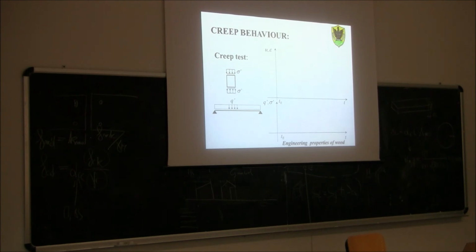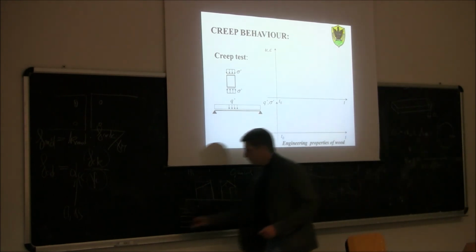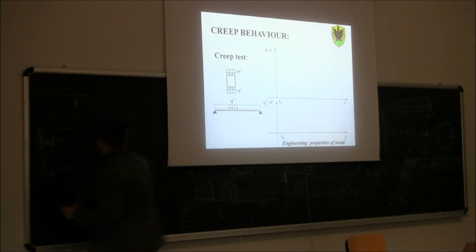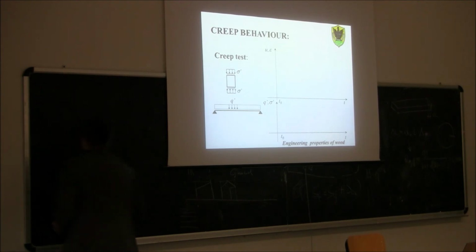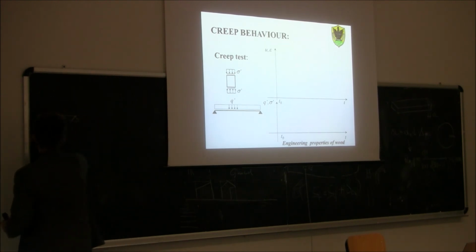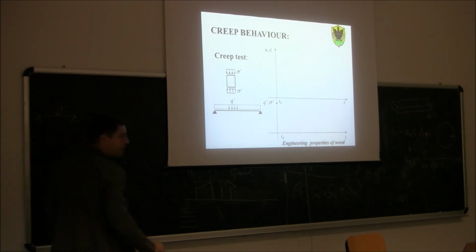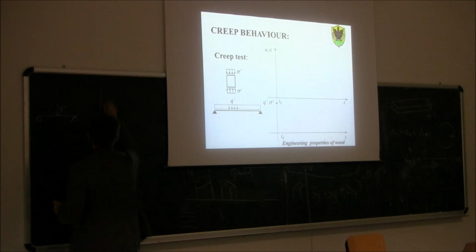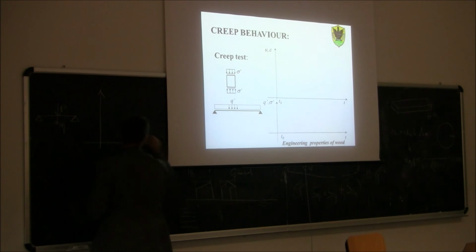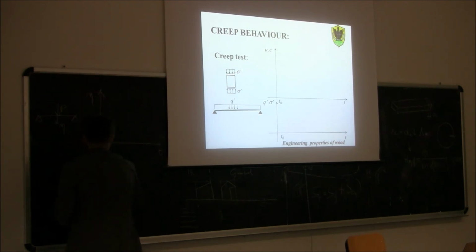Now, if we were testing a steel piece, this is a steel beam. I apply a load P, and I keep the load constant over time. This is the deflection, eta, versus time, T. At time T0, I apply the load.